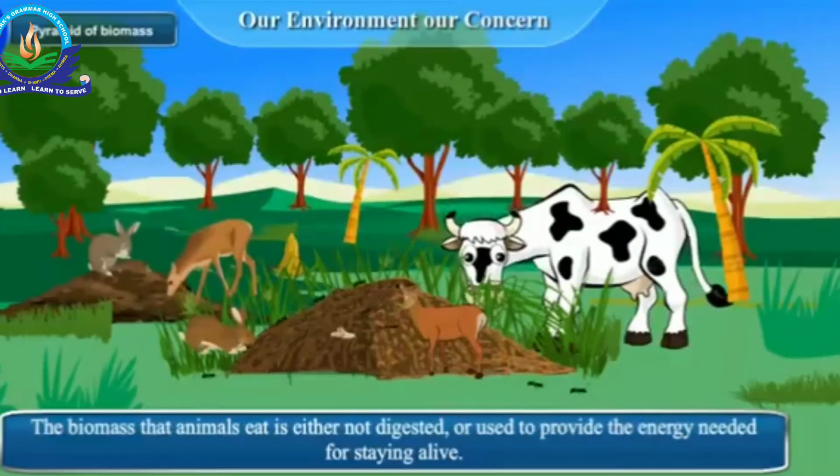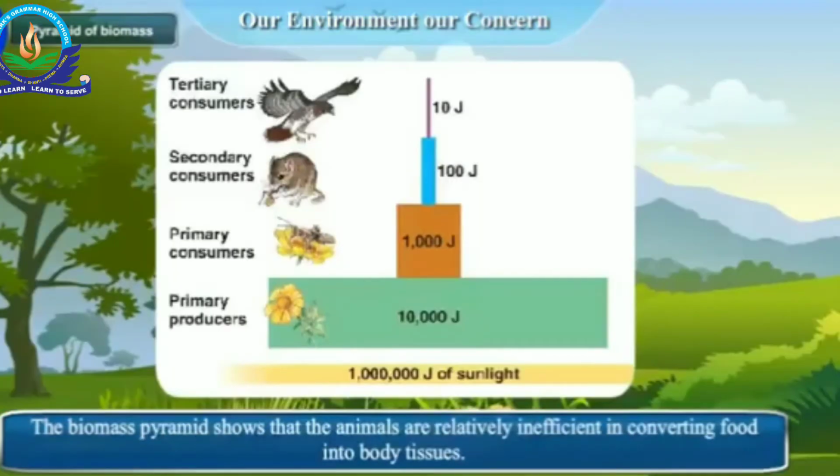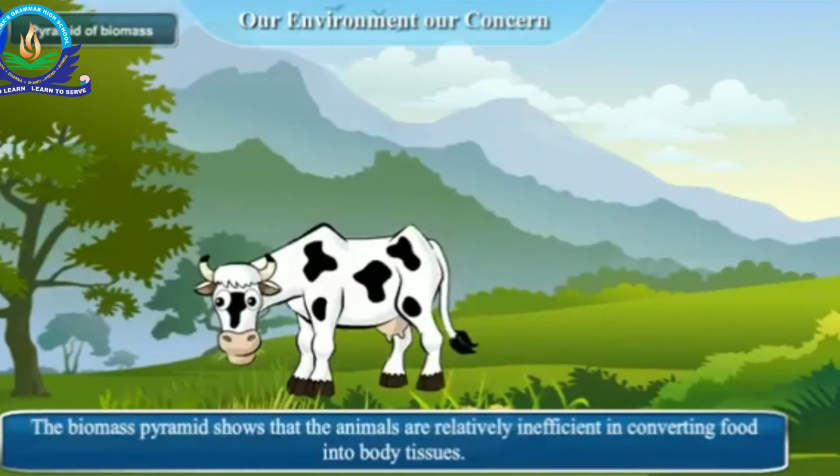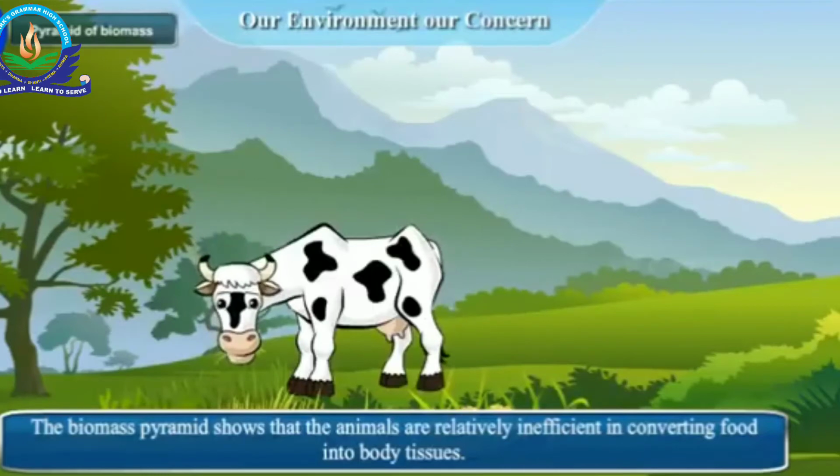The biomass that animals eat is either not digested or used to provide the energy needed for staying alive. The biomass pyramid shows that animals are relatively inefficient in converting food into body tissues.